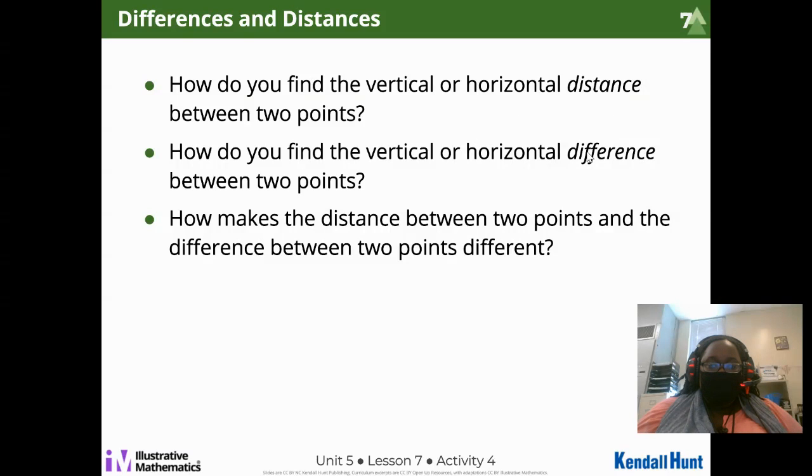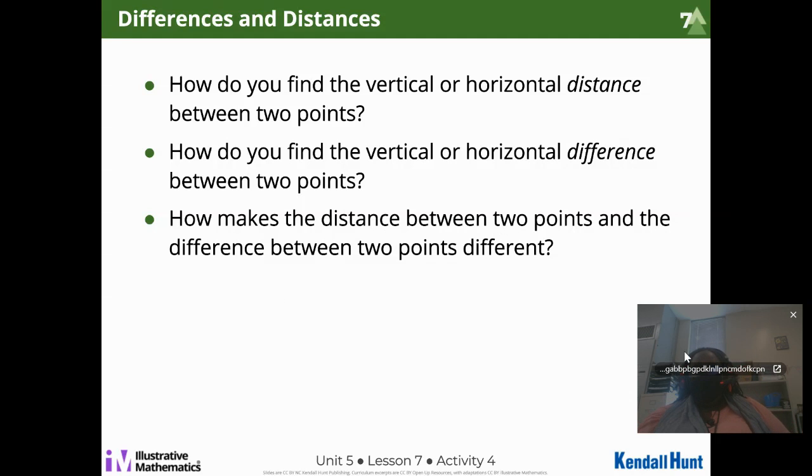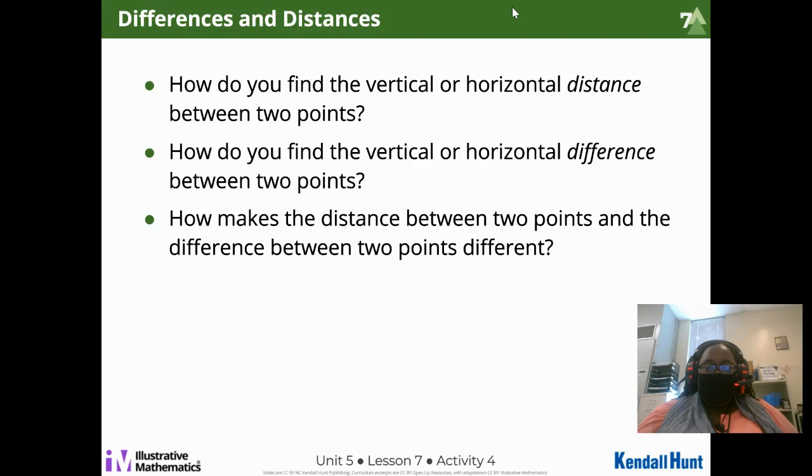Then question 2 is asking you about the difference. For the difference, you're just subtracting. Question 3 asks how the distance between 2 points and the difference between 2 points are different. One uses absolute value, which makes it positive, and the other is just subtraction, so the value can be positive or negative. That's the difference.